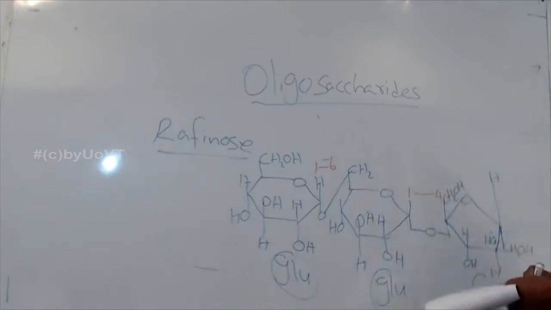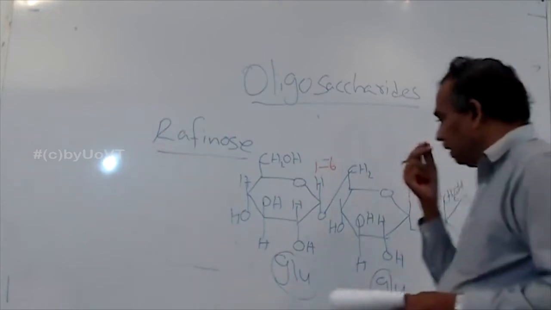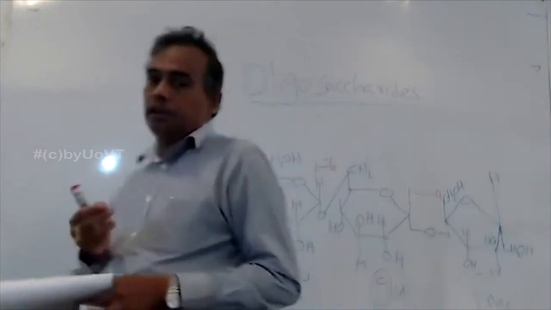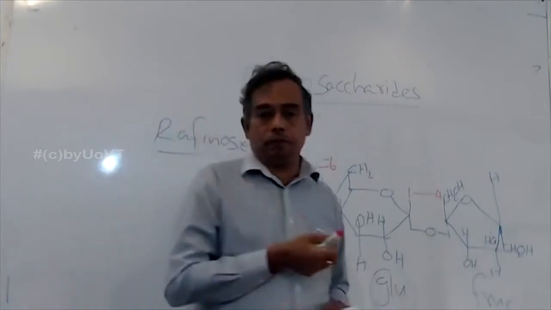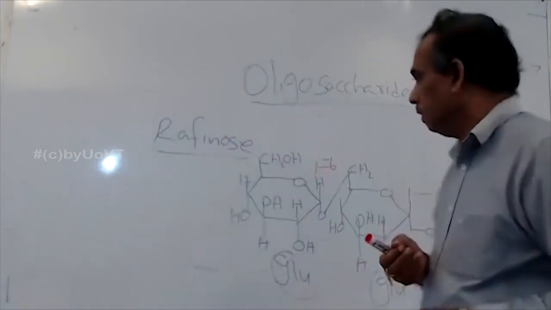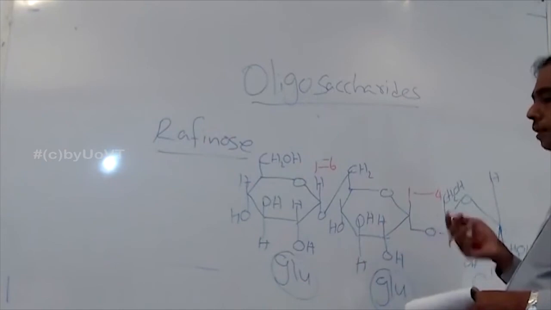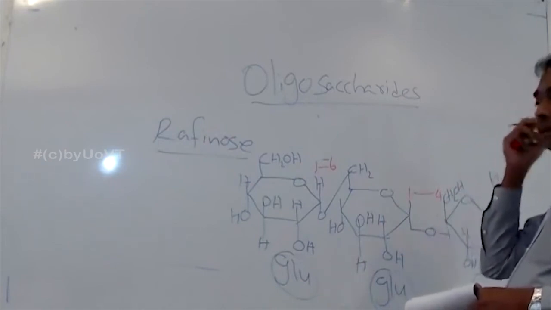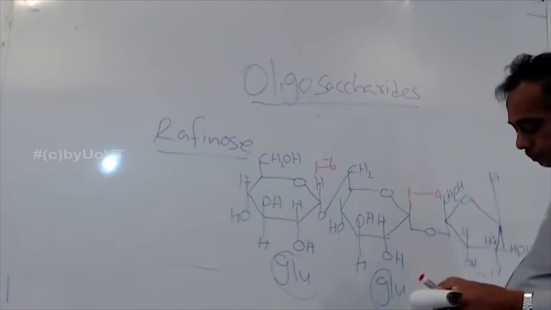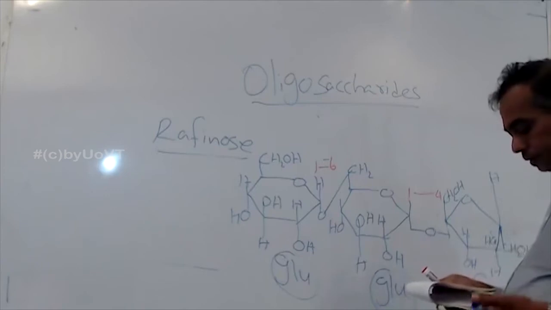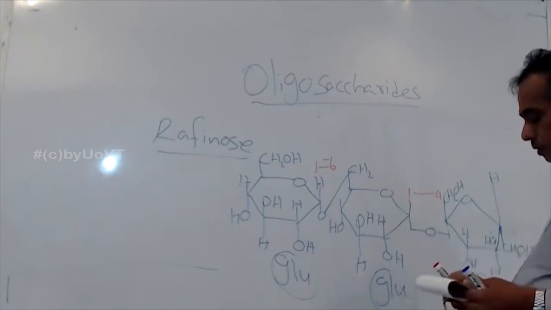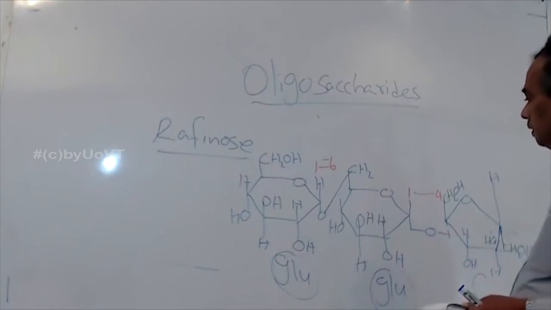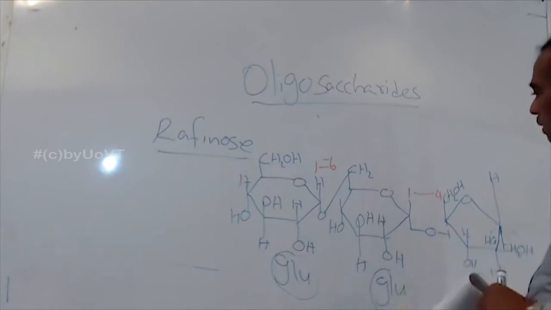This is a trisaccharide, or oligosaccharide. Raffinose is highly available in beans, guava and cabbage. This carbohydrate is highly available in beans and cabbage. That is the interesting nature of this molecule.